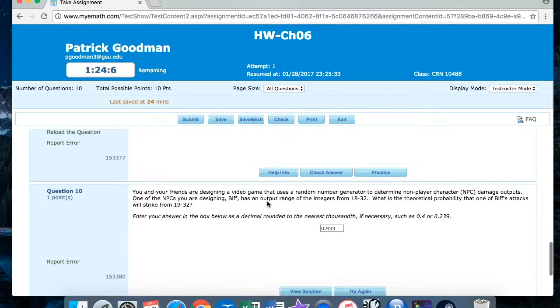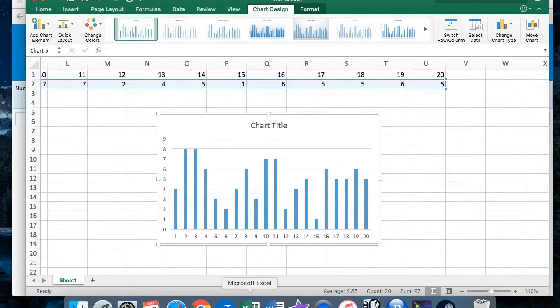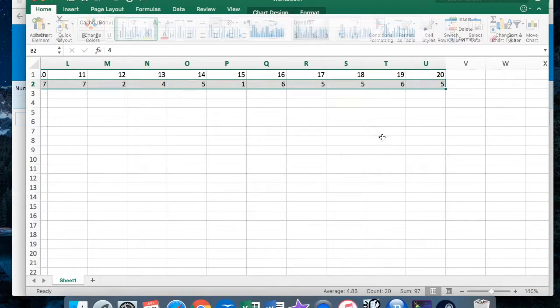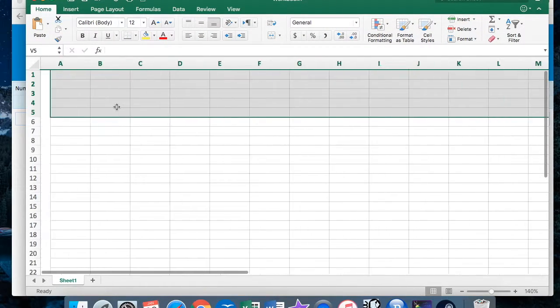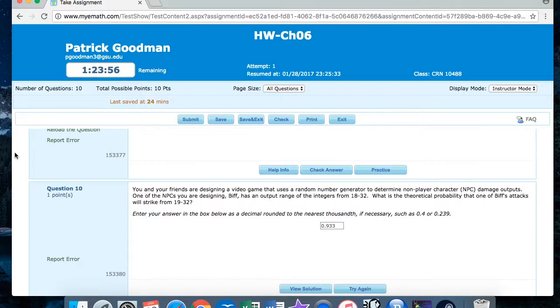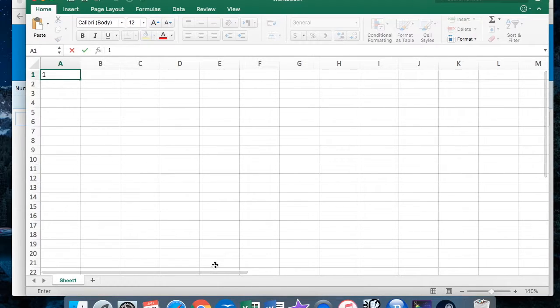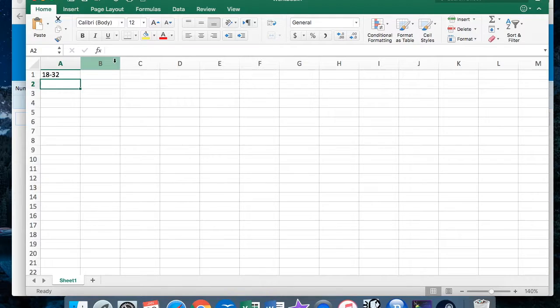Now, a lot of these I've already done them for, but let's figure this one out. Okay, so our damage outputs, it says, are from 18 to 32. Now remember that counting trick I told you, right? Let's find our range.